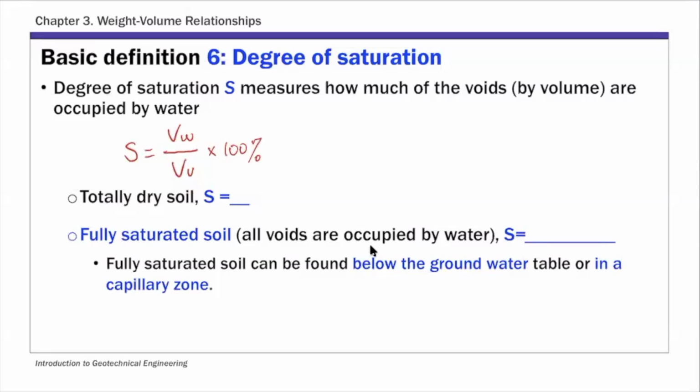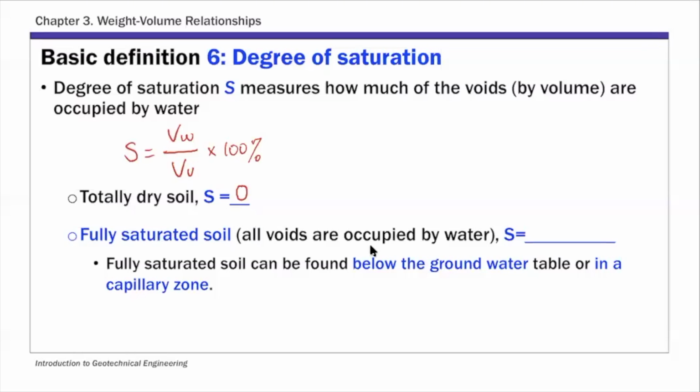So if soil is totally bone dry, there's no moisture in it, there's no water in it, volume of water will be 0. So degree of saturation for completely dry soil is 0. And then for fully saturated, so this is something I mentioned at the beginning of this course. Fully saturated means all the voids are occupied by water.